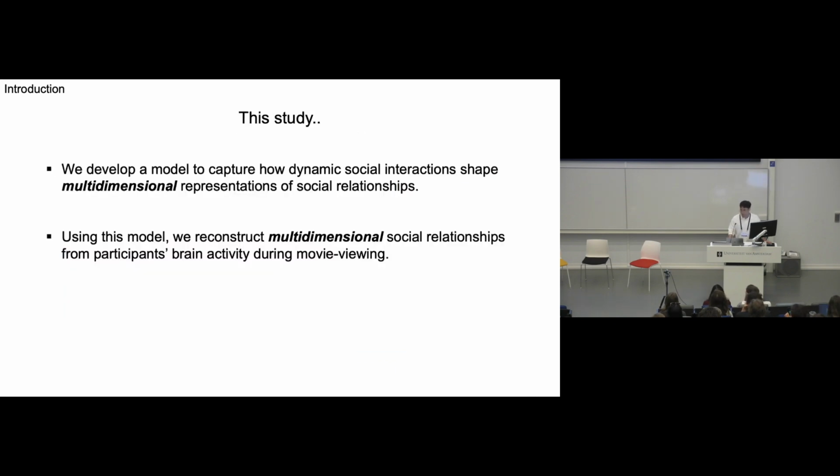In this study, we developed a model to capture how dynamic social interactions shape multidimensional representations of social relationships by extracting valence graphs. And using this model, we reconstruct these graphs from participants' brain responses during movie watching.